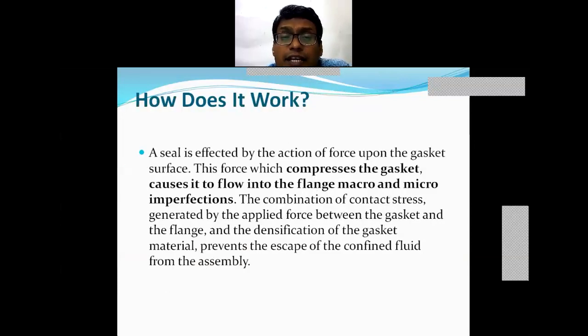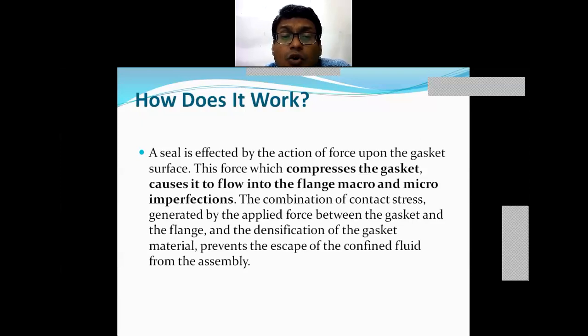Then how does it work? Basically, it gets deformed and is able to flow and fill the surface irregularities. So a seal is effected by the action of force upon the gasket surface. This force, which compresses the gasket, causes it to flow into the flange macro and micro imperfections.